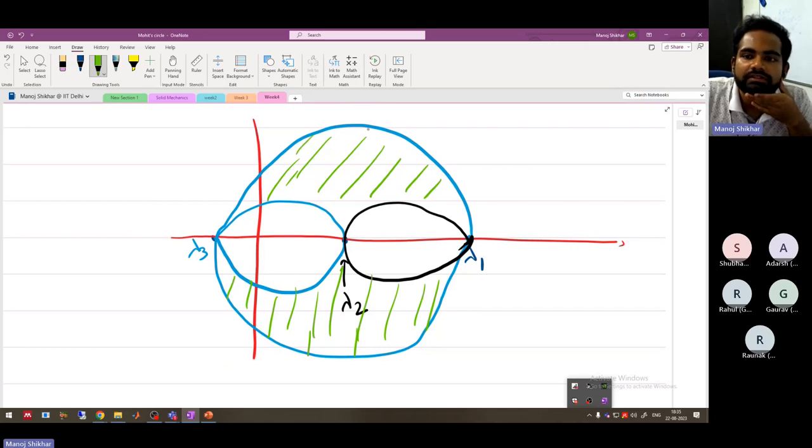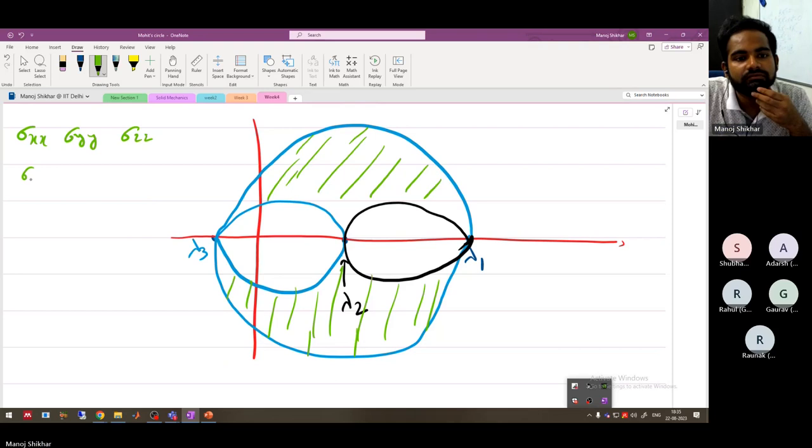So here you can take any generic stress matrix: sigma xx, sigma yy, sigma zz, sigma yx, sigma yy, sigma yz, sigma zx.